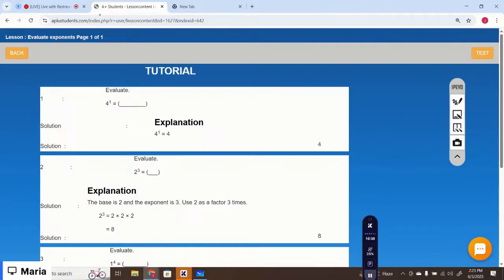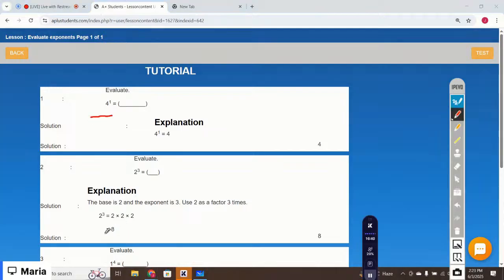Next, 2 exponent 3. So 2 exponent 3 means you need to multiply 2 three times, 2 times 2 times 2. And then you have to evaluate, just multiply them. That is 2 times 2 is 4 and 4 times 2 is 8. So the correct option is 8.